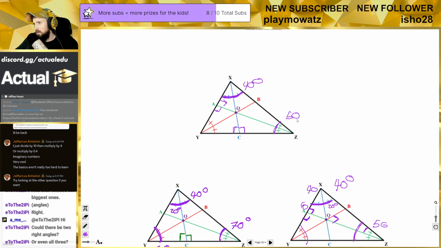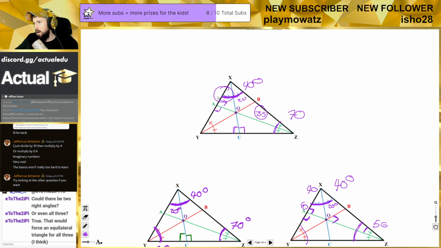No, sorry, it has to be 70, because then this would be 20. But then if this is a 90, that doesn't work. You can't have 35 and 40 and 90. That doesn't work. Yeah, I think it forces an equilateral triangle for sure.